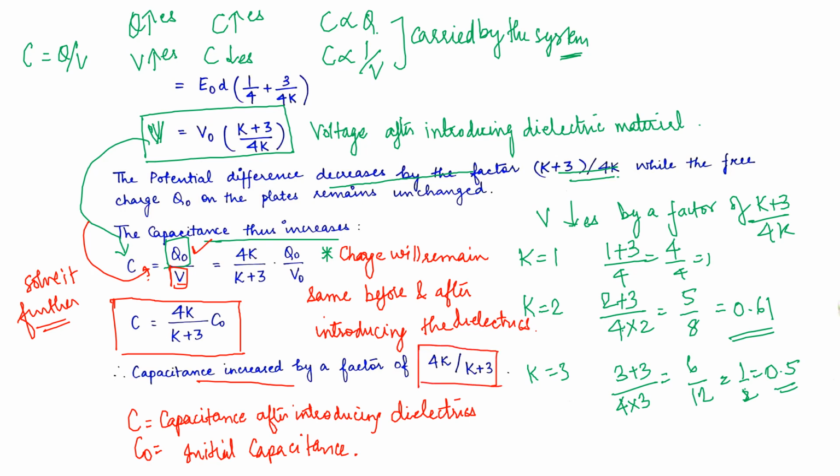This plays an extremely important role in capacitance, as we have already read in the concept when we were learning about capacitance. But once again I will remind, as we introduce dielectrics in capacitors, it increases their capacitance.